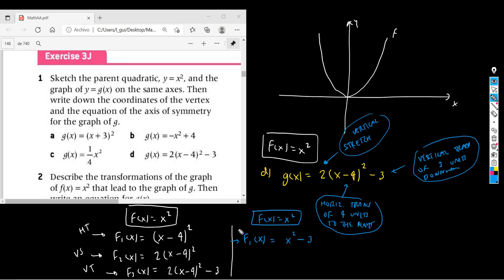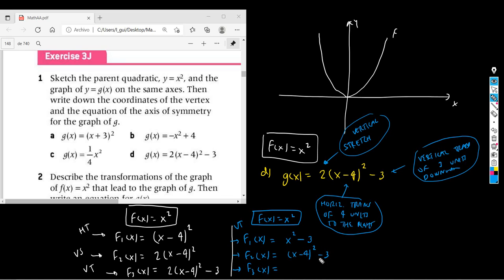So first I apply the vertical translation. Then I'm going to apply the horizontal translation. You subtract 4 units from the input. And at the very end, the vertical stretch.